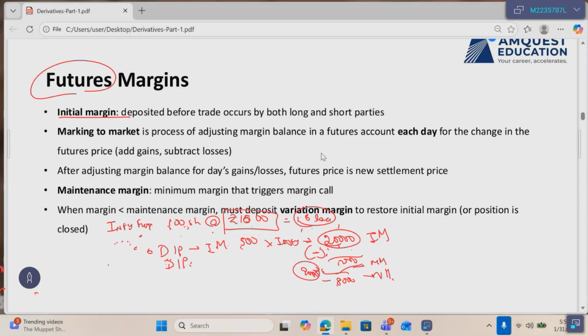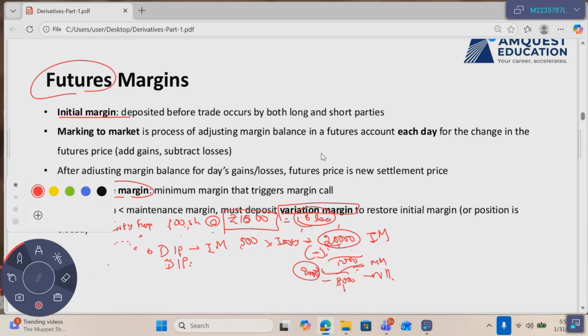That is called maintenance margin. Maintenance margin is nothing but the amount you maintain. Below that, it will trigger a call, which is called variation margin. Clear? Whenever you're called upon to make a payment, you have to consider having the variation margin. Any questions on this?